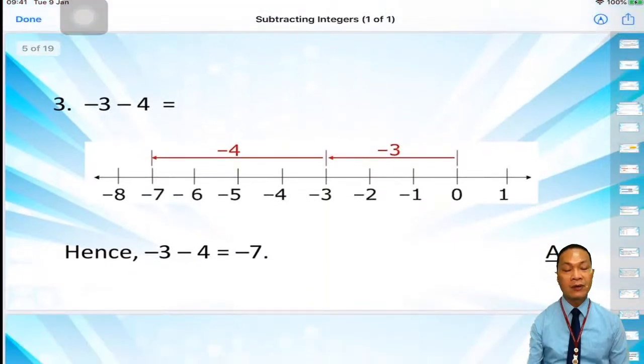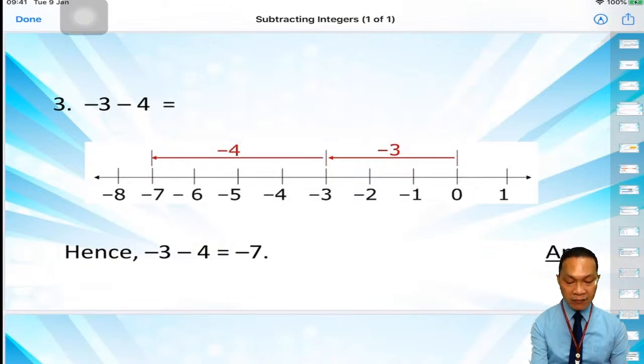example number 3. Negative 3 minus 4. So negative 3 minus 4, and 4 is positive. So negative 3 minus a positive 4. From 0, move 3 units to the left.